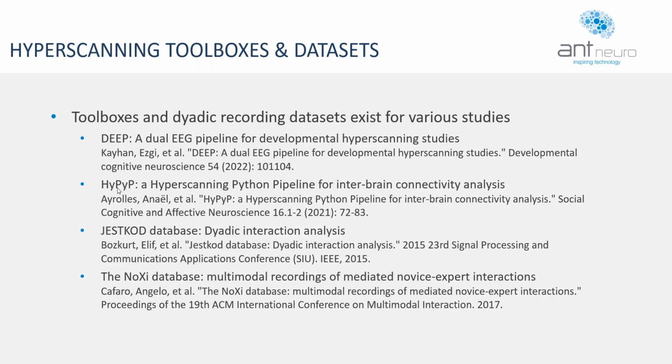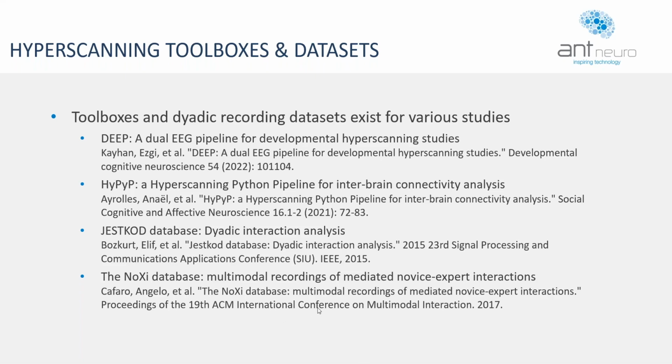There are also databases out there that cover dyadic recordings or multiple recordings from dyads. One is TESTCODE. It has more social interactions recorded, so gestures and smiles, for example, and you can use this to see what dyadic interaction analysis might look like.